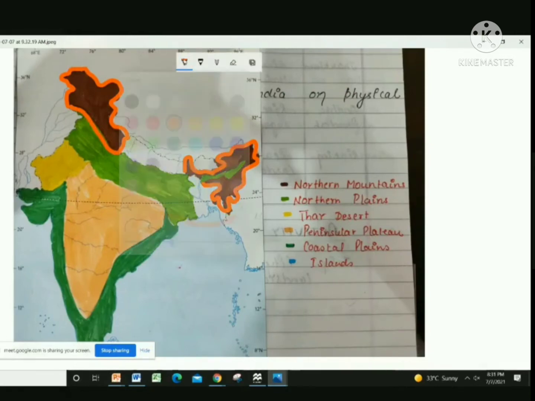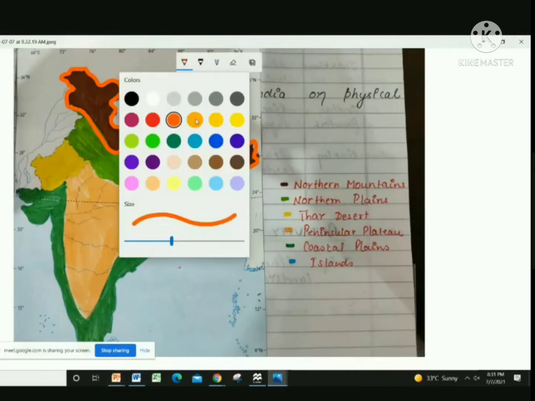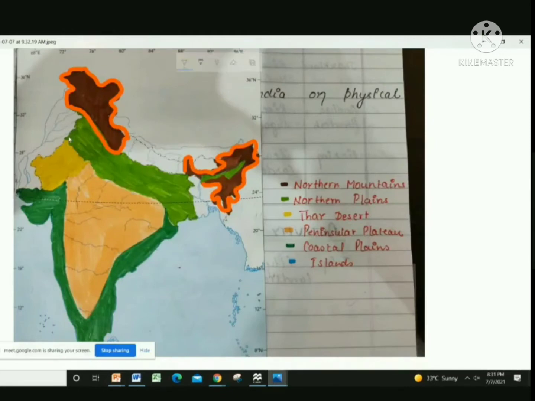We have Northern Plains. Northern Plains refers to the large flat region at the foothills of the Himalayas. They stretch from Punjab in the west to Assam in the east. They lie just below the Northern Mountains and the land over here is very fertile and is very suitable for growing crops.